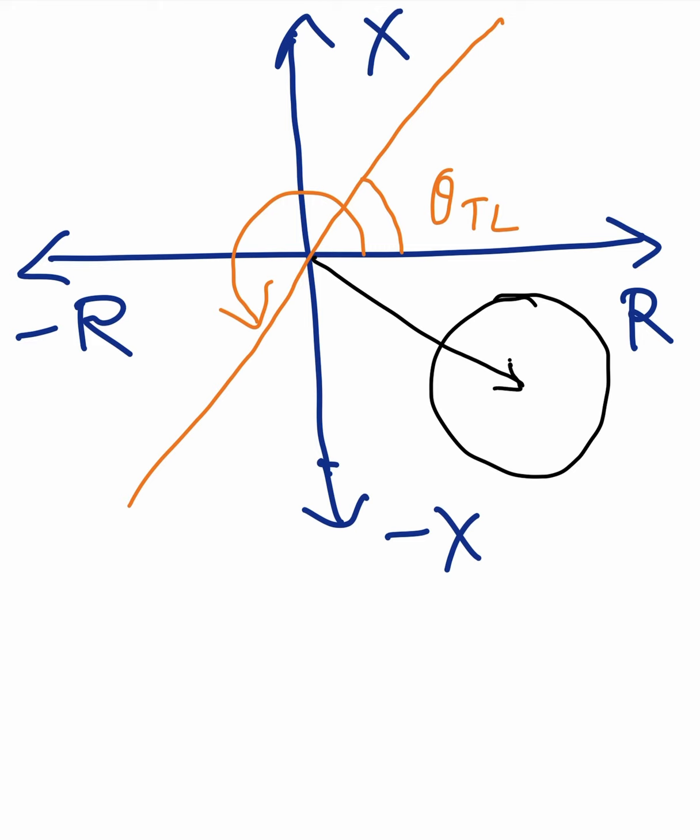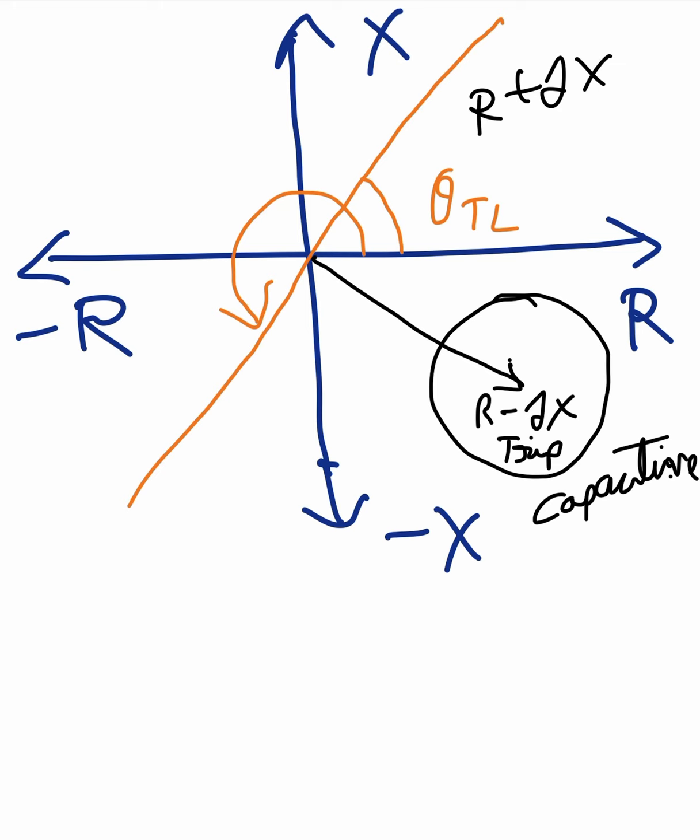In this case, Zs is R minus jX. Inside the relay characteristic, the trip is conducted, and outside it is capacitive. This side is R plus jX, which is inductive.